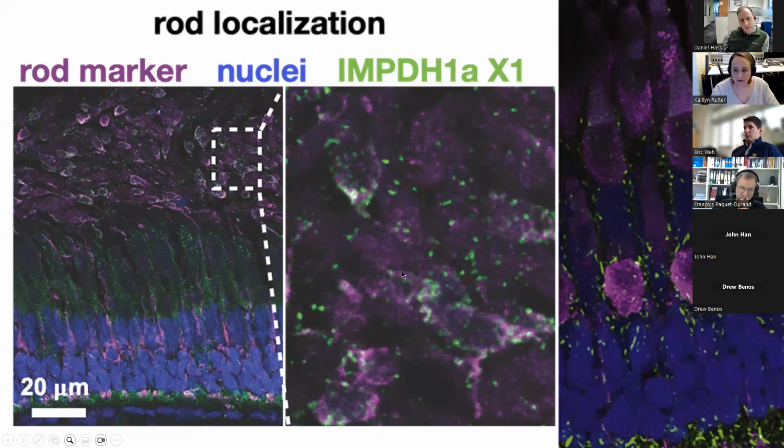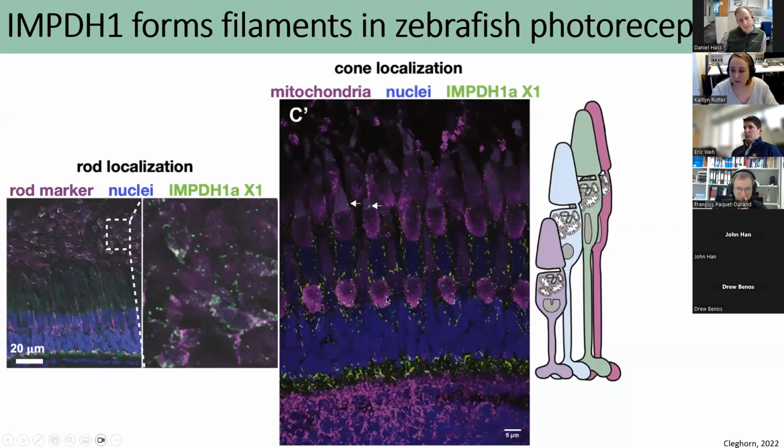This is a similar story in cones. So here are zebrafish cones. The mitochondria this time are in magenta. And again, IMPDH is found throughout the cell body, some by the mitochondria, some in the synapse, these little small filaments. And in a couple of cases, they're hanging out in the outer segments.